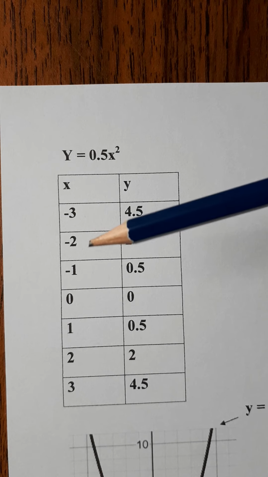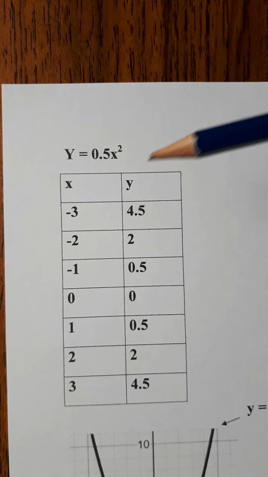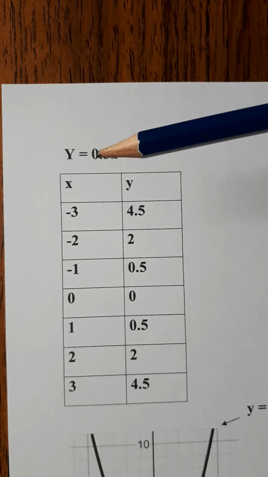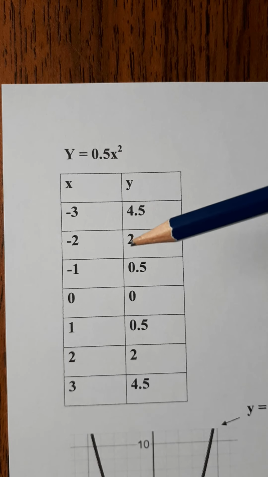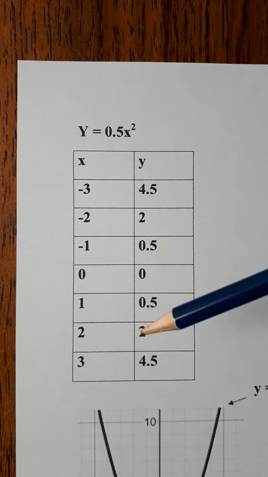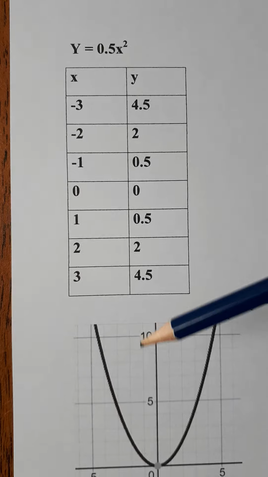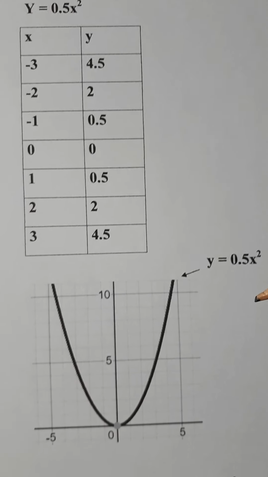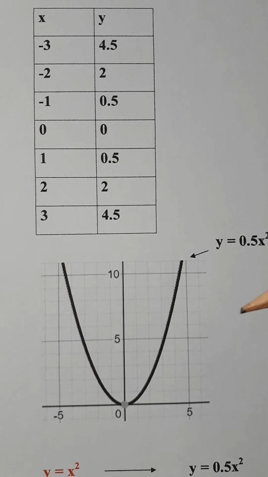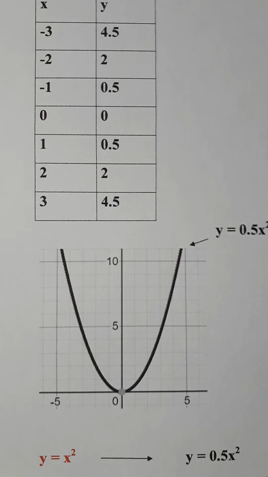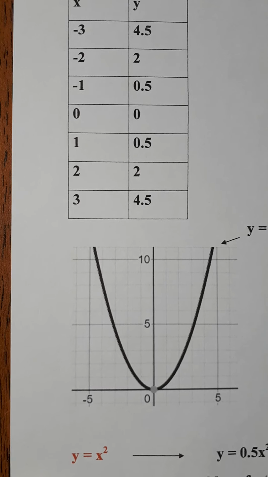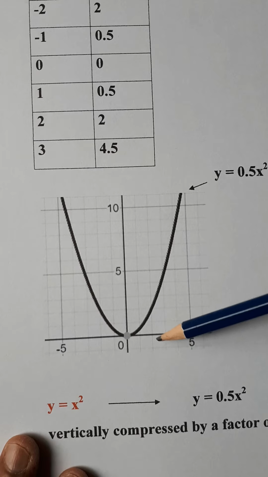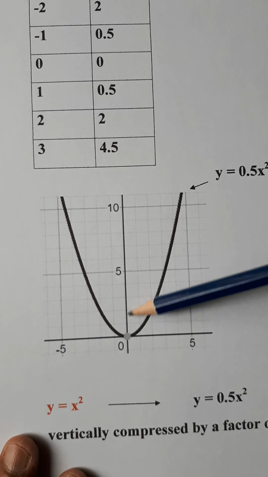When x equals minus 2, minus 2 times minus 2 is 4, 4 times half is 2. So when we put these points, we get a new graph. I'm showing that in black color. So you can see, for example, when x is equal to 2, y is 2 here.